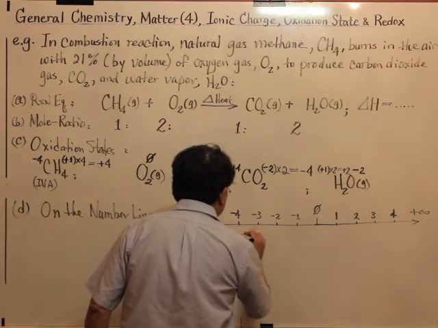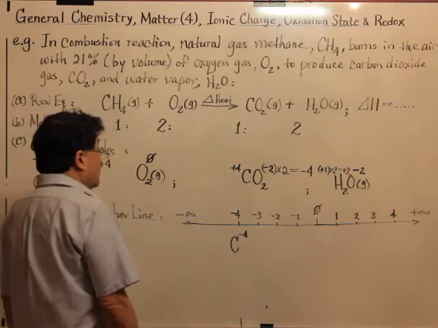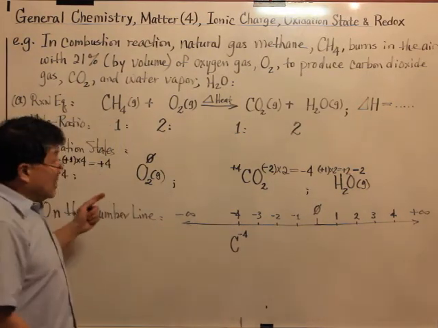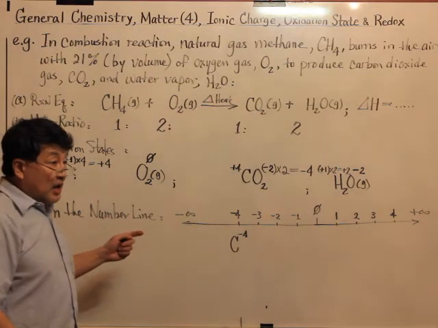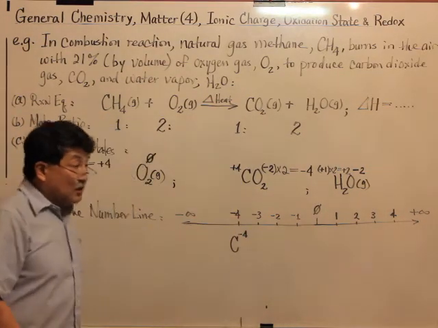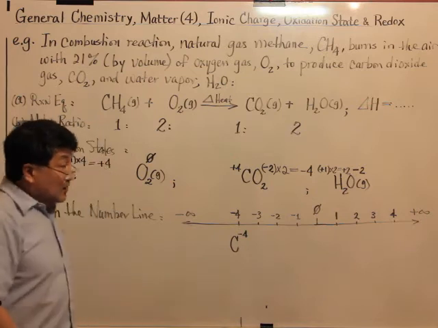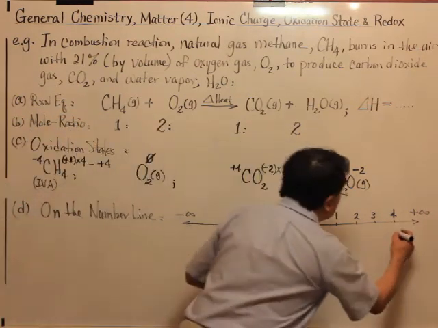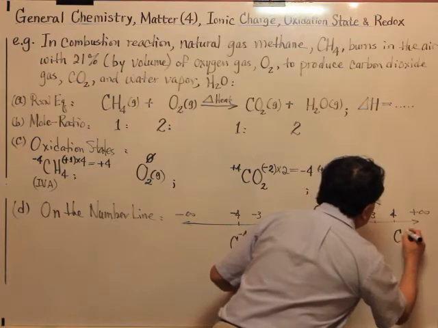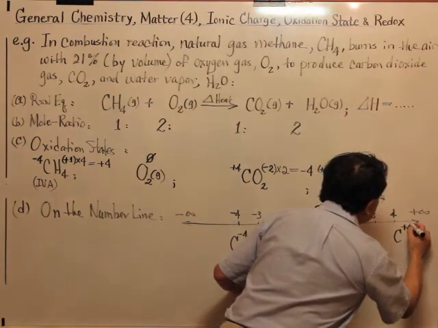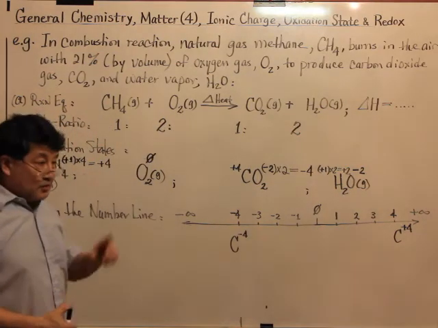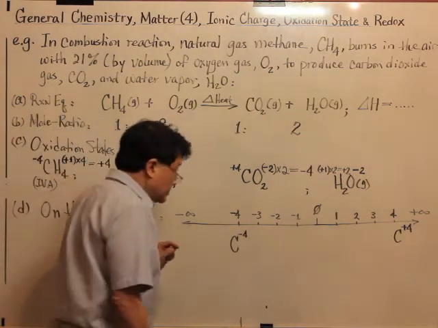But how many electrons does the carbon atom in methane have to lose, donate, or gain from somebody else in order to achieve the final oxidation state of +4?